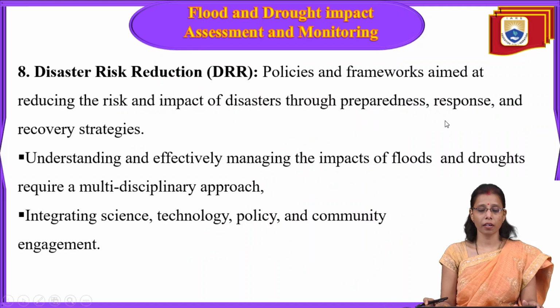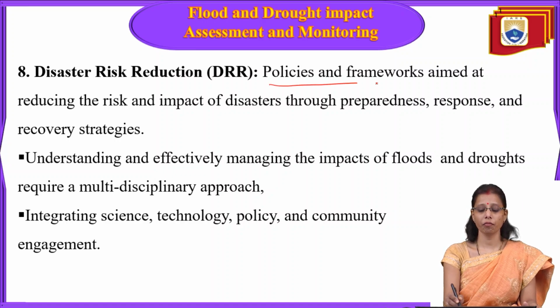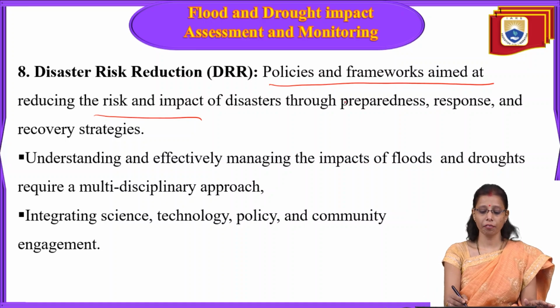Now, disaster risk reduction can also be done through this monitoring system. When we keep monitoring drought and flood conditions, risk reduction can be done through policies and frameworks aimed at reducing the risk and impact of disasters through preparedness, response, and recovery strategies. As I told you, this is the disaster management cycle.